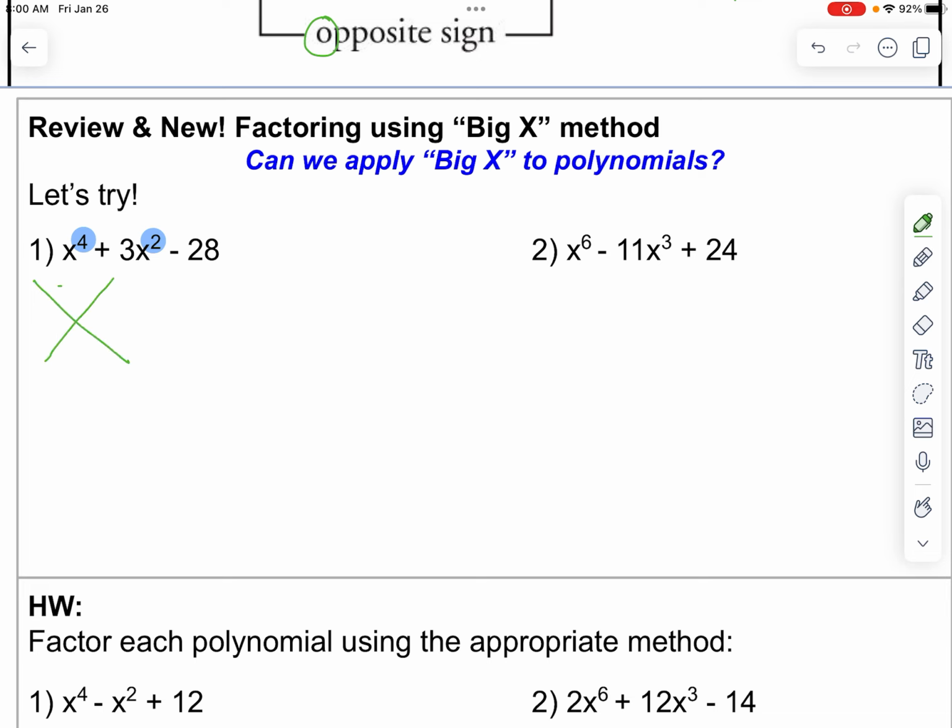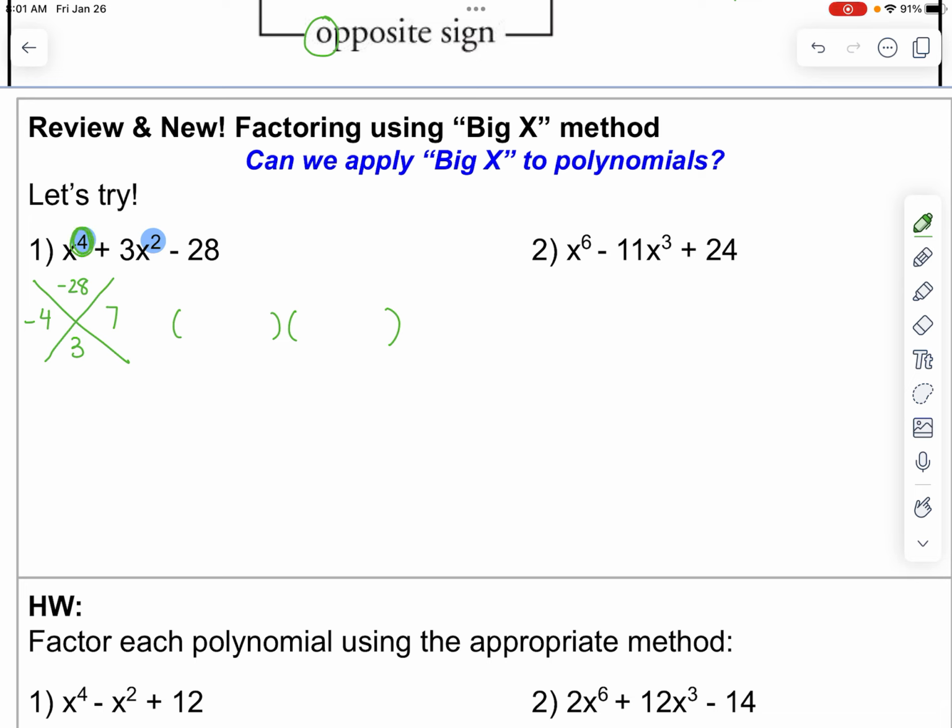Still, C is on top and B is on the bottom by itself. I need two numbers that multiply to 28, but add to 3. Well, 28 is 7 times 4. And if I make 4 negative, then negative 4 times 7 is negative 28, and negative 4 plus 7 is 3. Now, when we get our factored form, it's not just x minus 4 and x plus 7, because we have an x to the 4th.